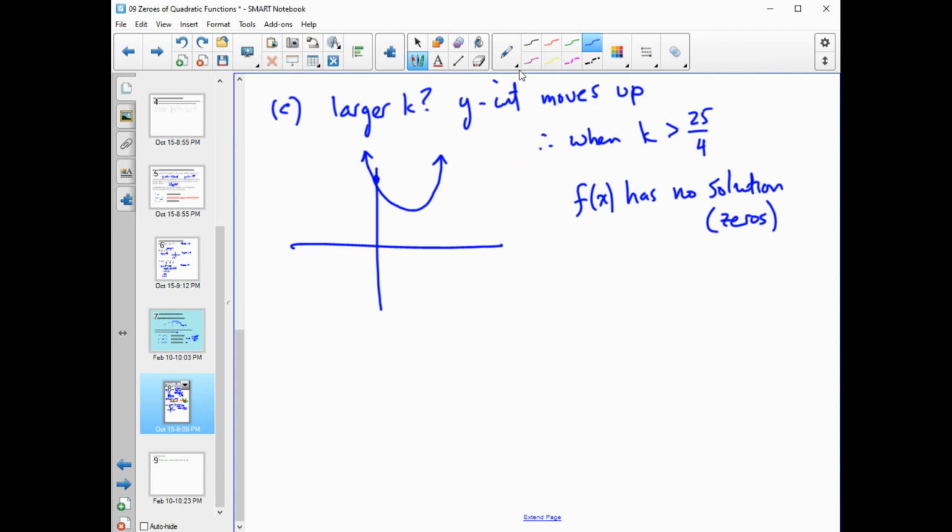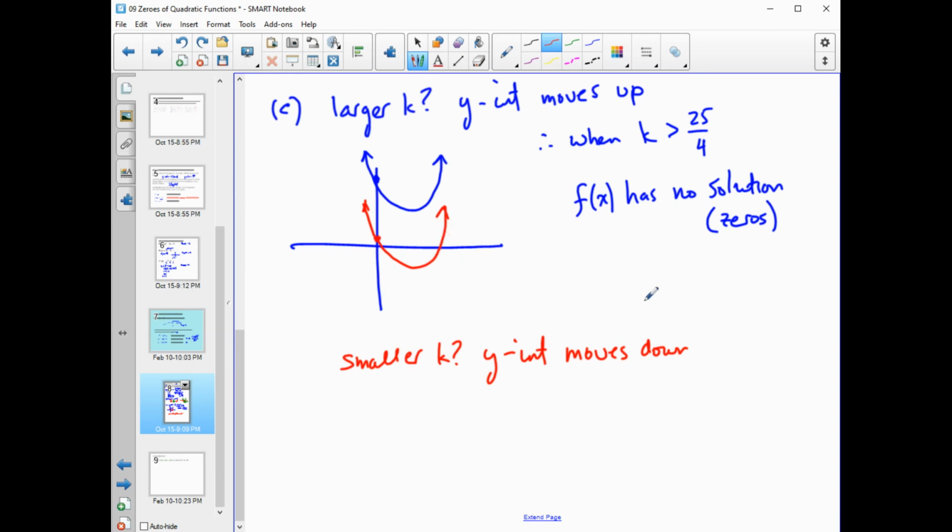What happens if we have, and maybe I'll just switch colors here so I can use the same axes, what happens if I use a smaller k value? That means the y-intercept moves down. And so that would put the y-intercept, let's say, much closer to the x-axis. And now my parabola is the same shape. The only thing that's changed is the y-intercept.